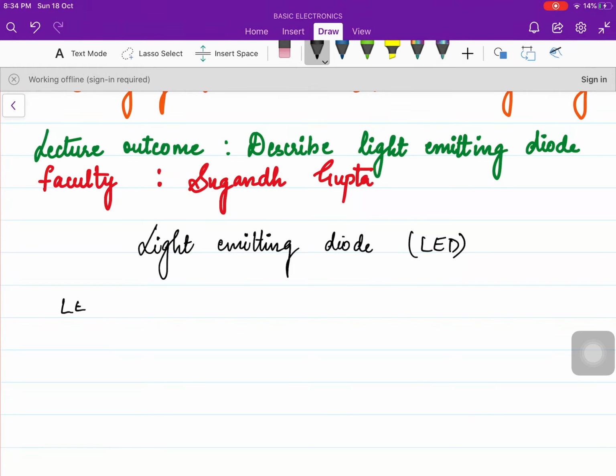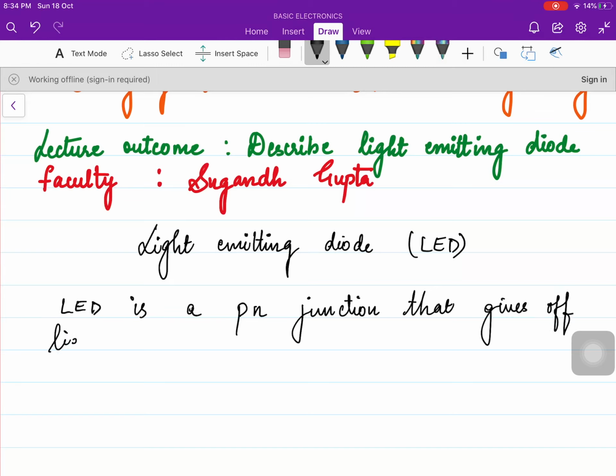So what is LED? LED is a PN junction. We have already read and discussed what a PN junction is. As the name says, it includes diode. So it is a PN junction that gives off visible light, that is light energy, when forward biased.